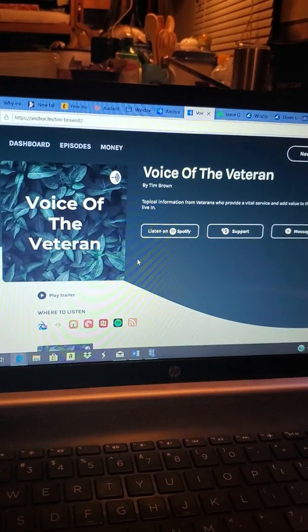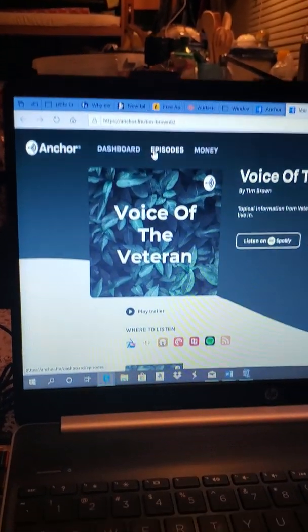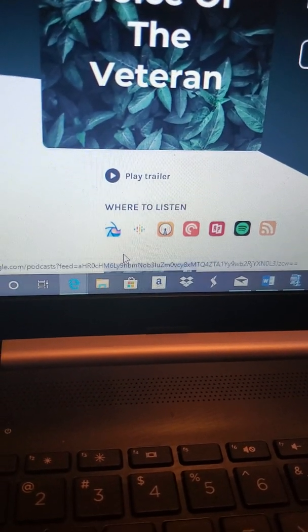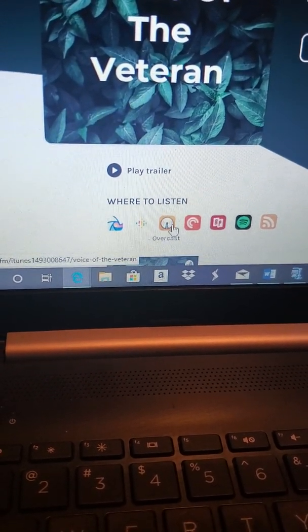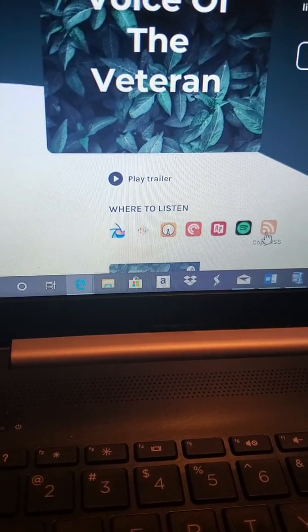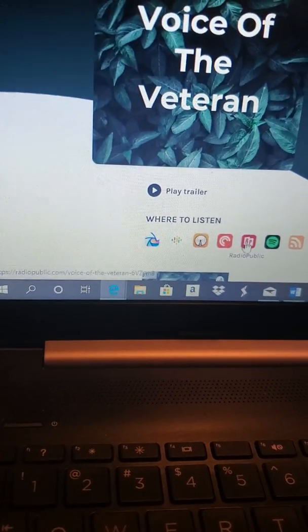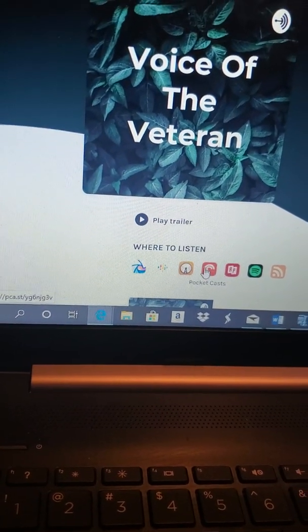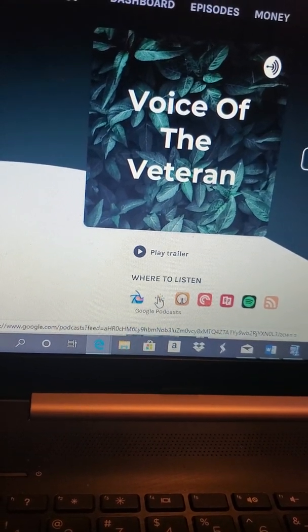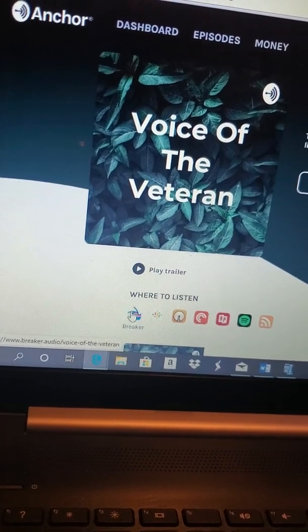Now, we go back over to Anchor, and as you notice, you have a dashboard here. And if you look right down here at the bottom, this tells you all the places that you can listen to Voice of the Veteran. So you have an RSS feed here, and you have Spotify, and then there is Radio Public, and Pocket Casts, and Overcast, and Google Podcasts, as well as Breaker.